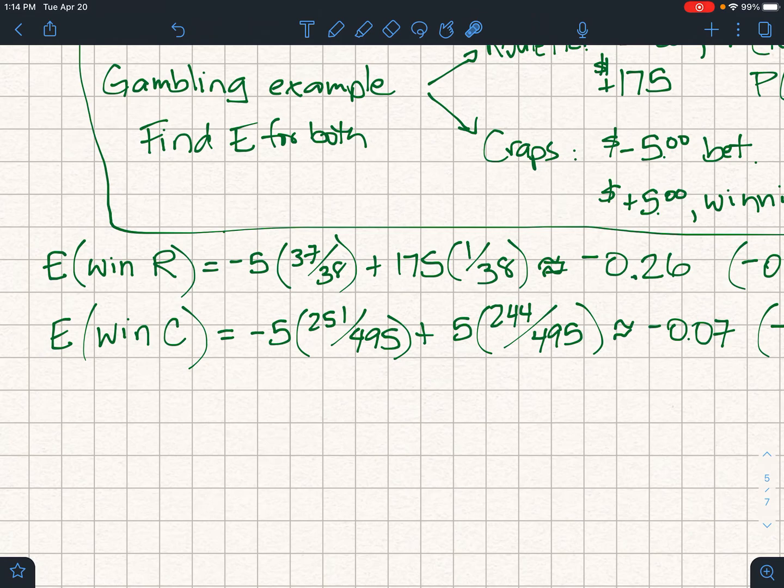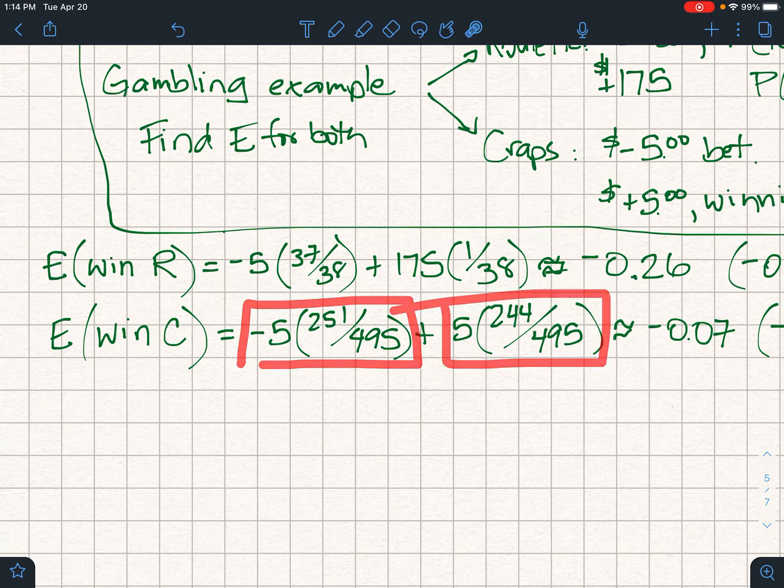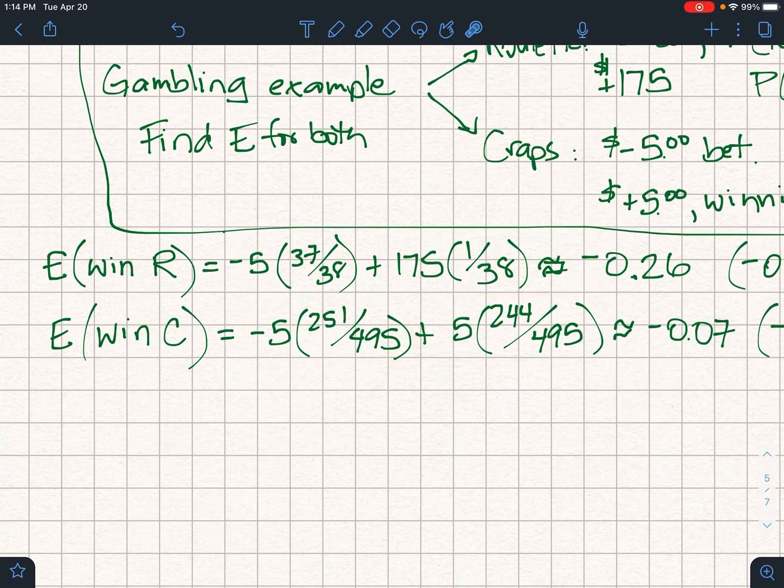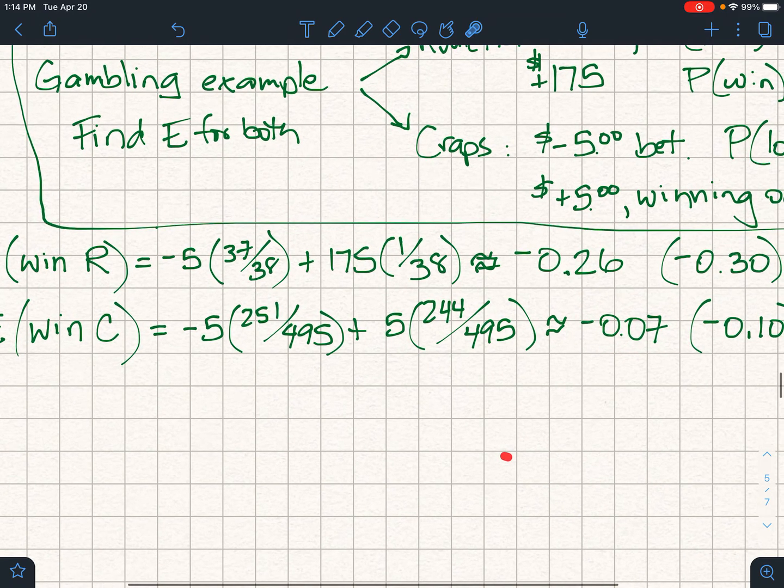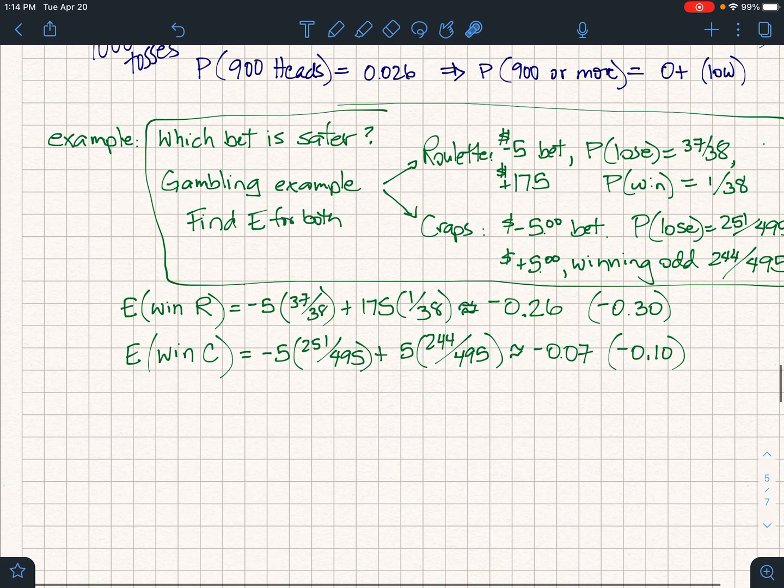Meaning if we played this game 1,000 times, okay, we would lose every time 26 cents. And then we do the same thing here with our craps game and look at the 5 and the 5, and that shows us losing 7 cents every game. So clearly, if you're there for the long haul and you want your money to last, playing craps is less likely to lose a lot of money at once. All right?